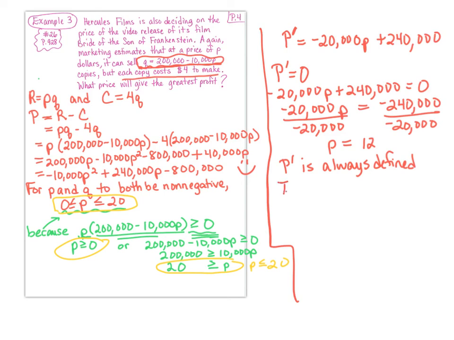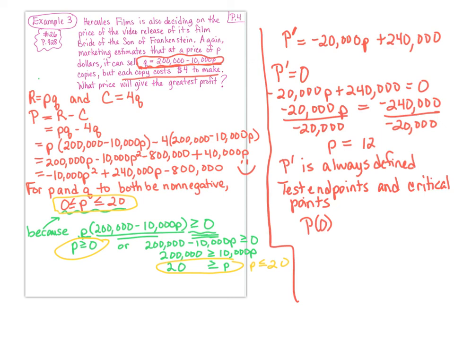So we can test our endpoints and your critical points. Remember, both methods work, first derivative test or this method. Choose whichever you like. But when you check the endpoints and your critical points, you're checking that in your function, not your derivative. So we're checking that into our profit.